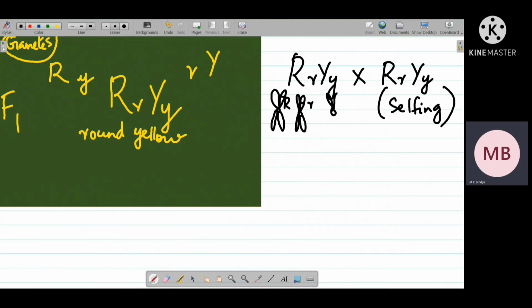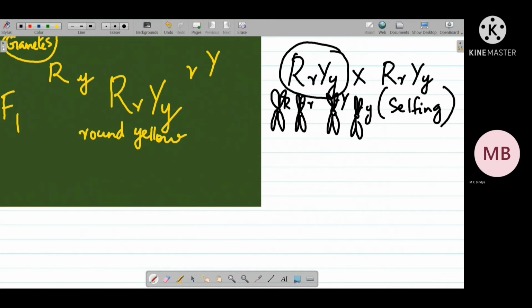The genes are not linked. They are present on separate chromosomes. Because of these reasons, they won't be aligned together. They will independently assort. And that goes for the Mendel's law of independent assortment.